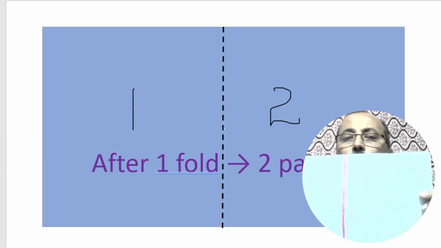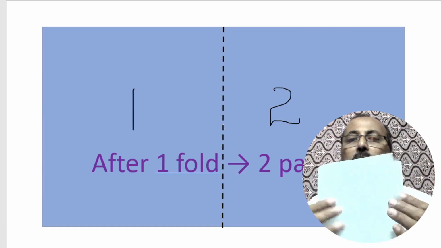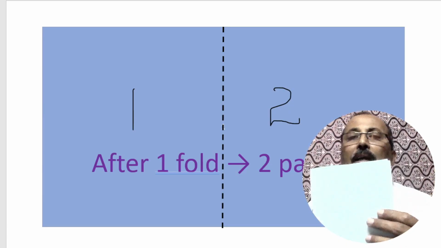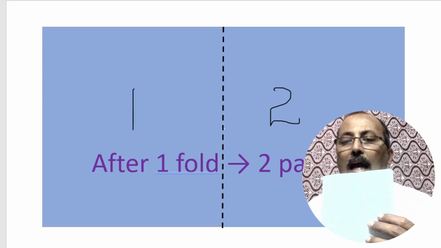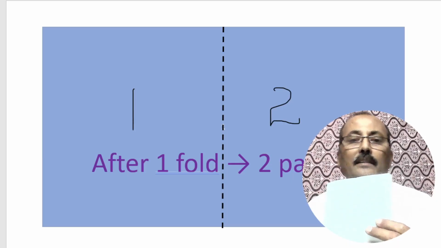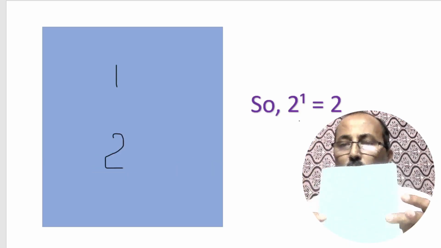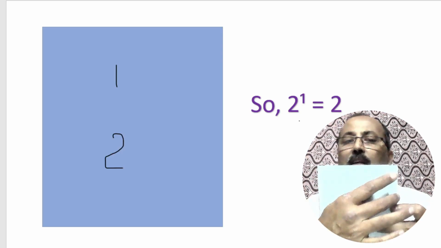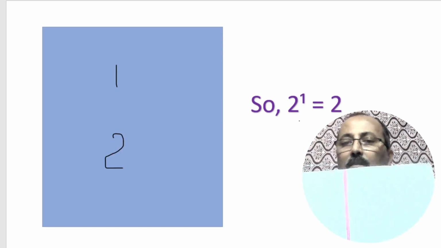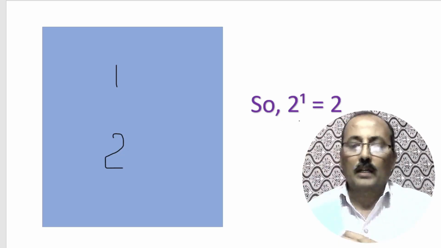If I fold it along that line, I get it like this. One fold, that becomes power 1: one fold and two parts.